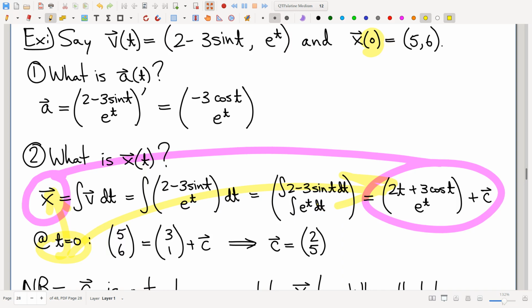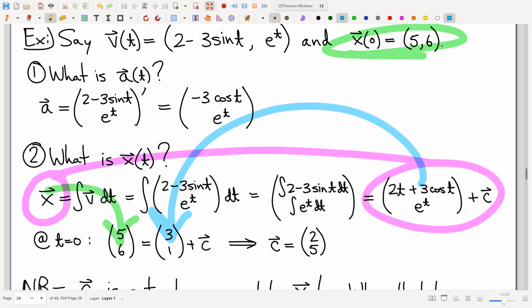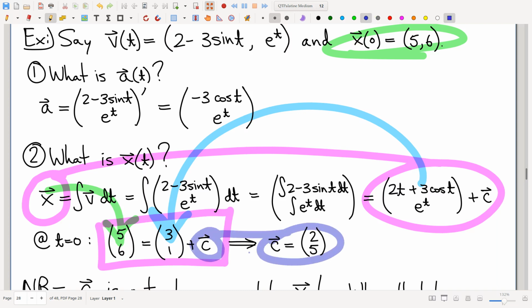And when you do that, notice that x becomes 5, 6, and a little bit of arithmetic shows that this first term becomes 3, 1, plug and chug. Right? So our big purple equation becomes this, and that's super easy to solve for c, and c is, in this case, 2, 5. So that's the way to do this.